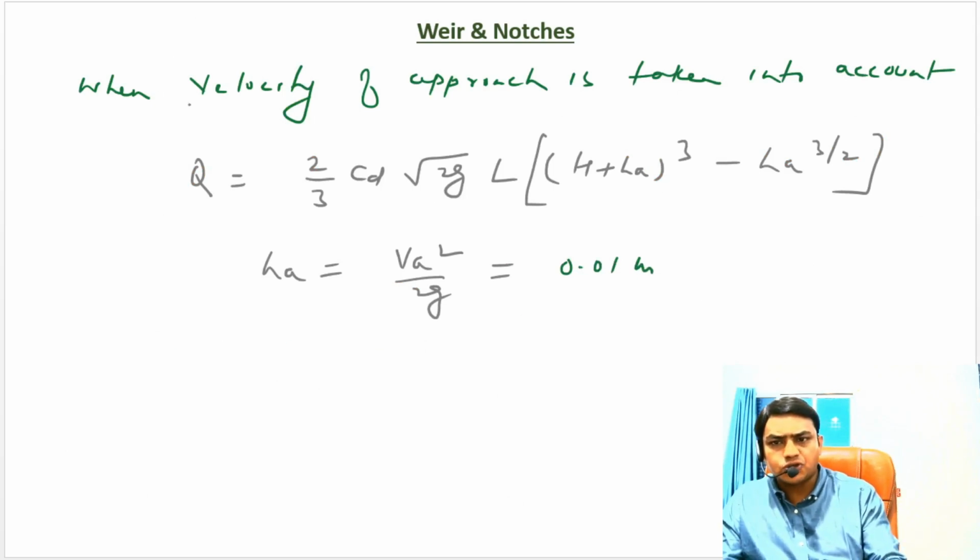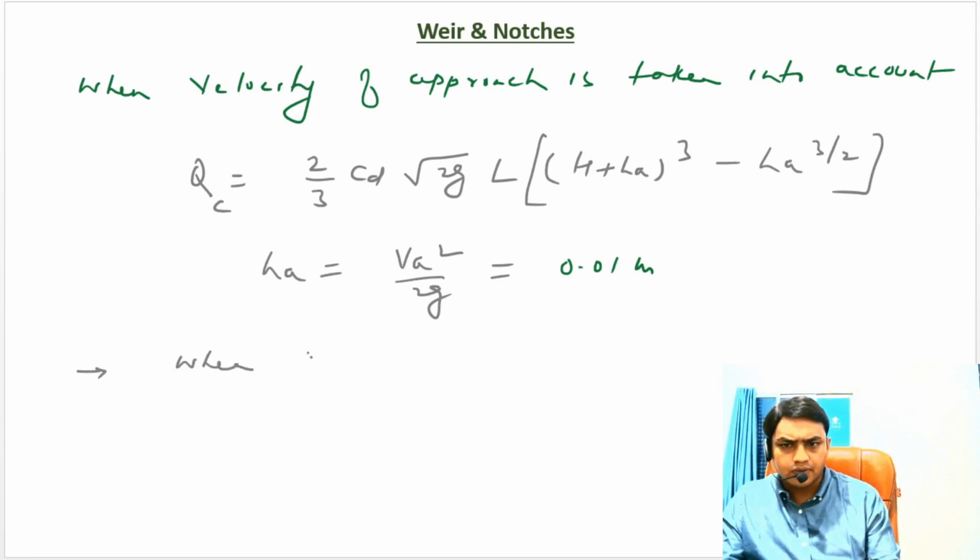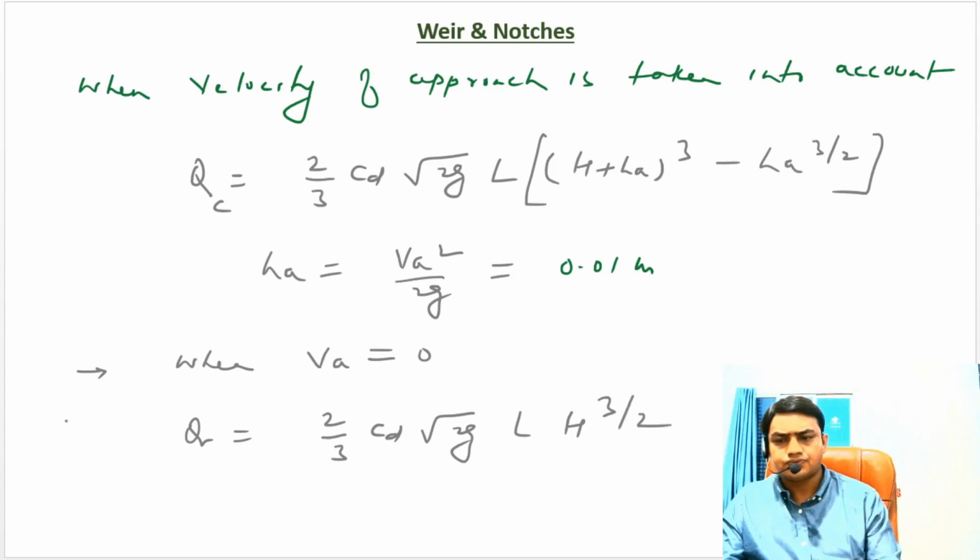When velocity of approach is not taken into account, so when Va is equal to 0, the Q can be written as 2/3 of Cd root under 2g into L into H to the power 3 by 2.